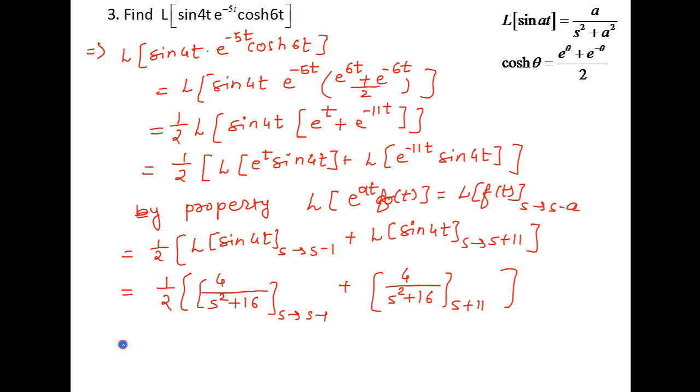So we'll get the final answer 4 upon s minus 1 whole square plus 16 plus 4 upon s plus 11 whole square plus 16. That is our final answer for the example.